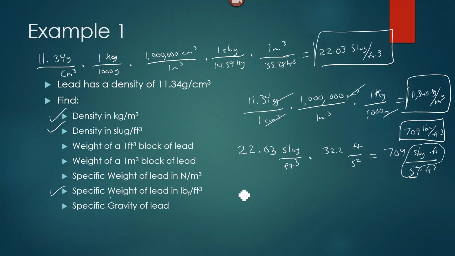In this case, we're going to do 11,340 kilograms per meter cubed. Okay, and we're going to multiply by our 9.8, which is just gravity, by the way, meter per second squared.